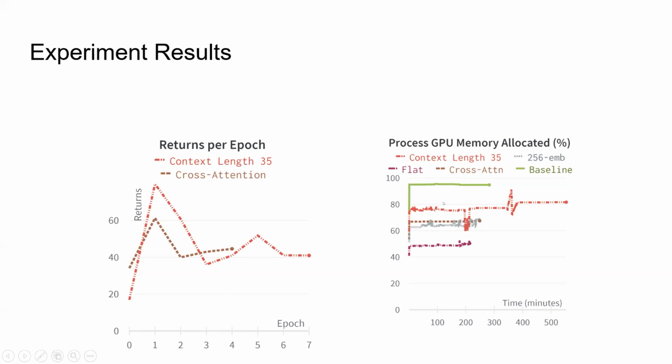So you can see our baseline model was taking up the most GPU memory, while with our context length 35, by just changing the cross attention mechanism, we're actually able to reduce that GPU memory usage, as well as using the cross attention module with the same context length as the baseline down here. So we were able to drop the memory usage pretty substantially.